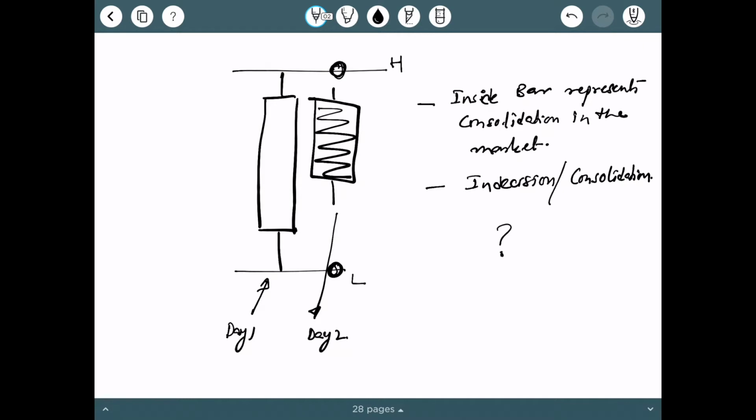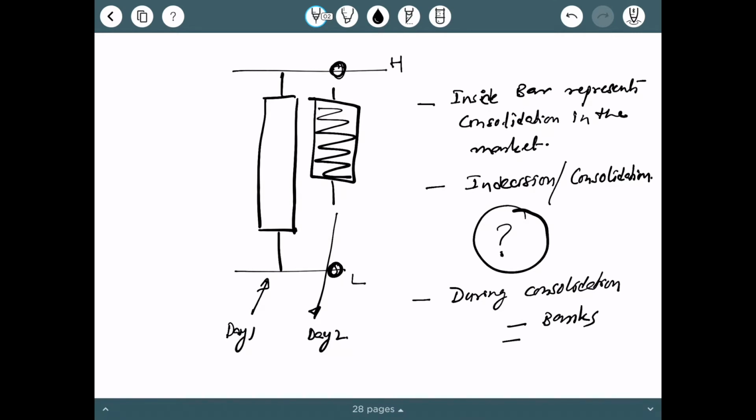And why is this important to us? Because during consolidation, large banks, big players, are carefully either buying or selling.